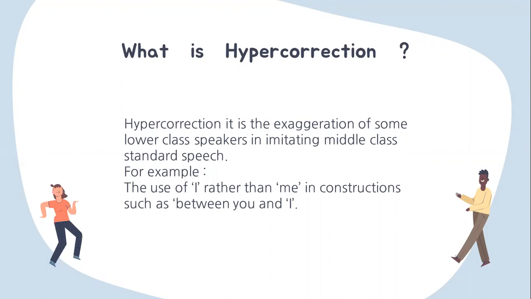For example, the use of I rather than me in constructions such as between you and I. The use of I for me, and who for whom, perhaps the most common example of hypercorrection, is the use of I for me in a compound object, between you and I. Other common hypercorrect forms include who for whom, as for like, as any other normal person wants to be well thought of.